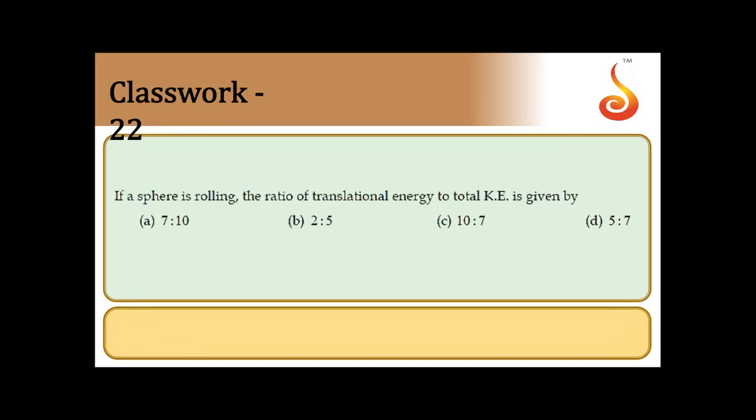So we shall move on to next one. If a sphere is rolling, ratio of translational energy to total kinetic energy is given by. So for a rolling body, total kinetic energy K is given by K for translational plus K for rotational.